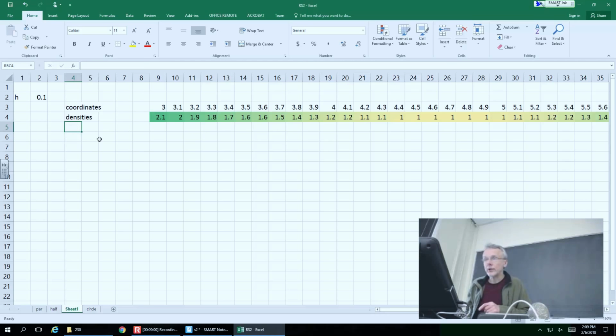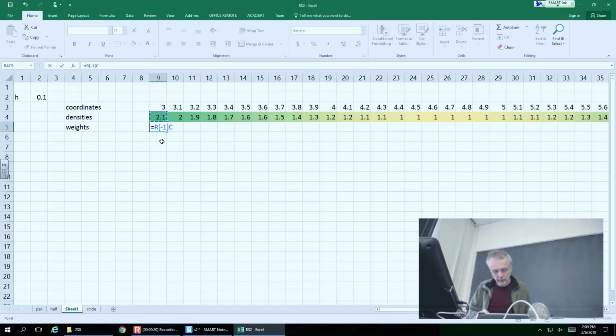So if I put here masses, or weights, let's say weights. I will multiply this number, which is the density, times the length of that little piece of the rod. So I multiply by once again R2C2.